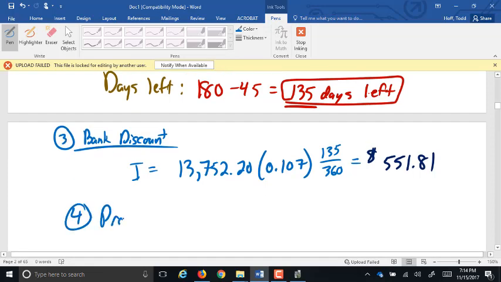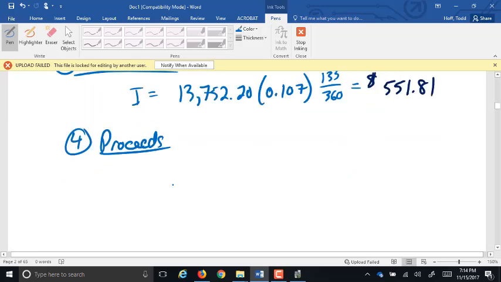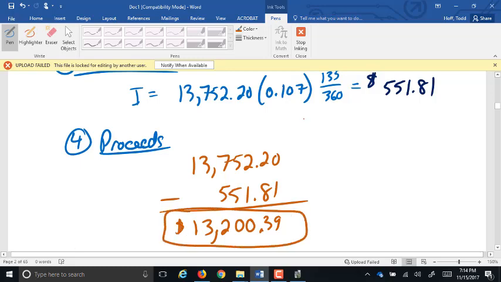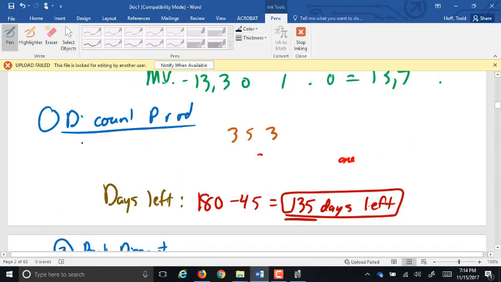So then the proceeds are going to be the 13,752.20 minus the 551.81, which is $13,200.39. What do you notice happened here? They took a loss.